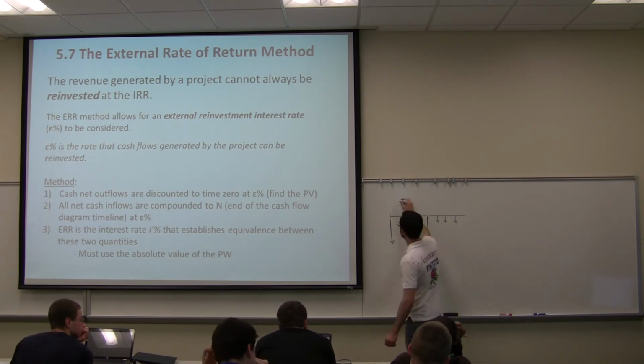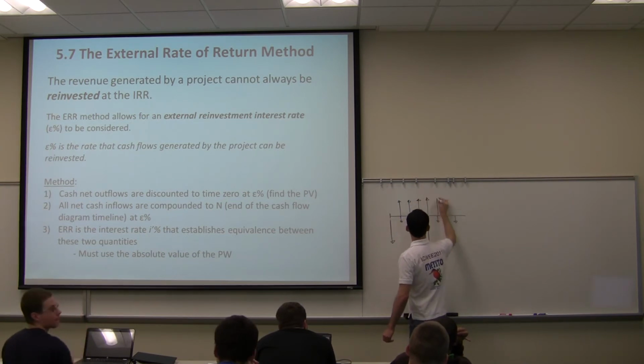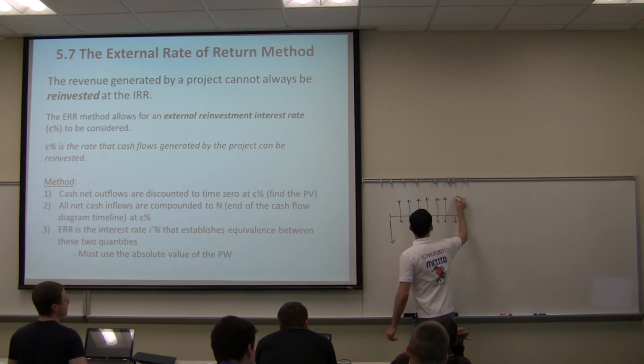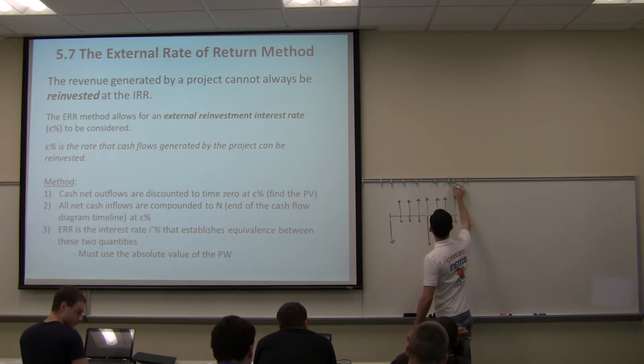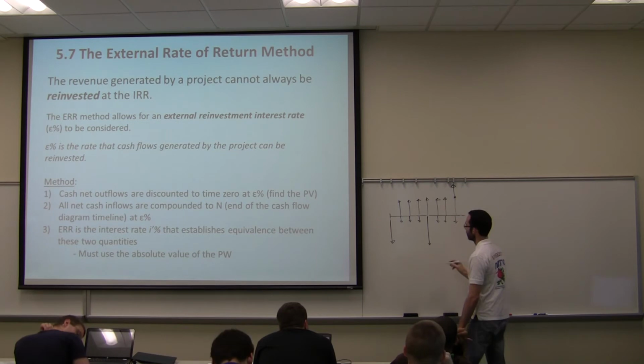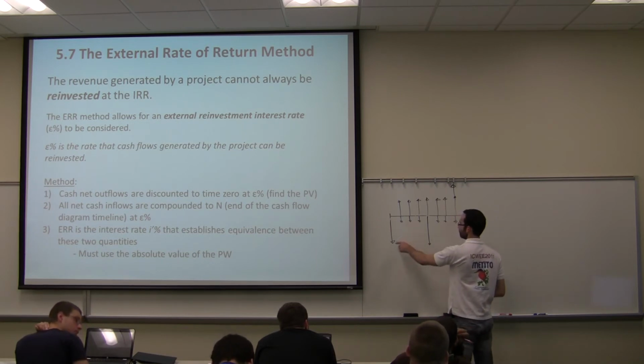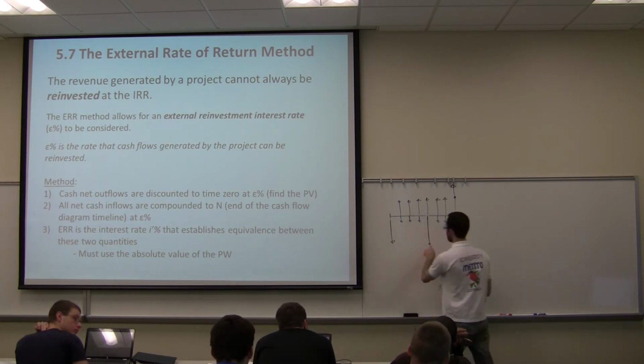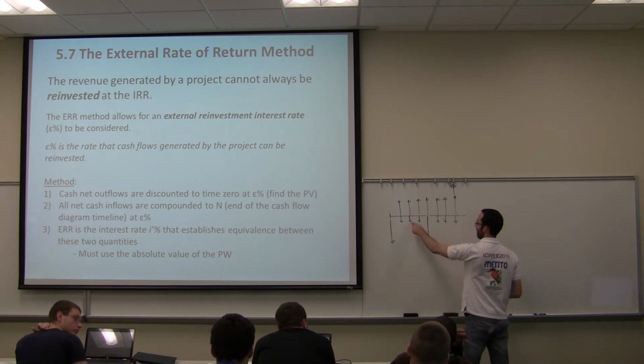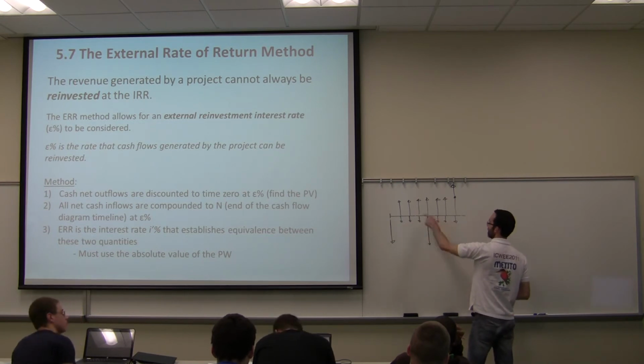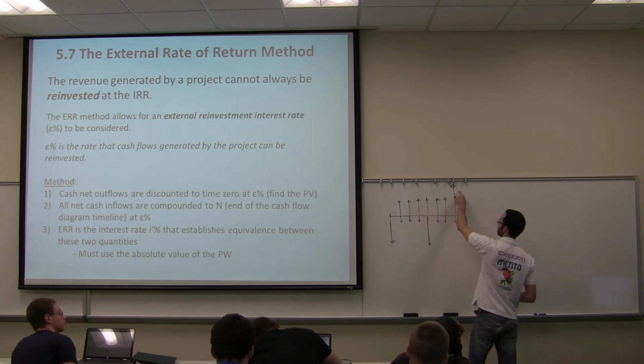And then it's generating cash. And then it's also sold. This is the salvage. So this is initial investment, refurbishment, annual expenses, income, salvage.